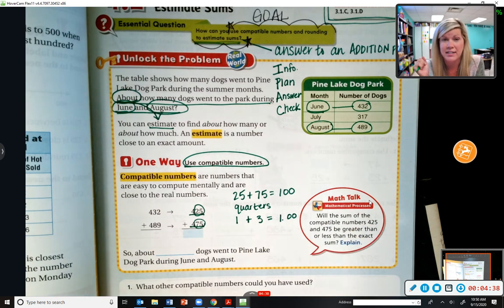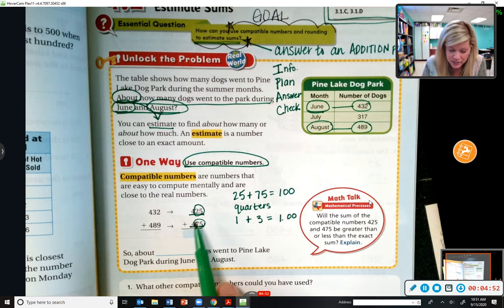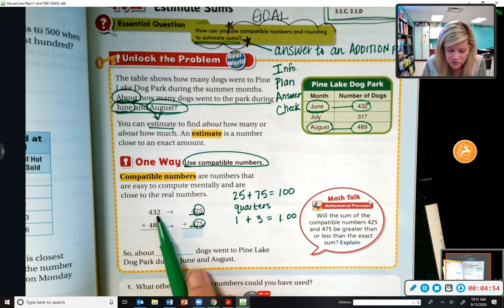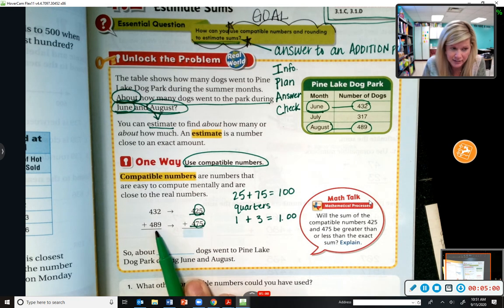That's what that means. It doesn't necessarily have to be perfectly rounded like we've practiced all last week, but it just has to be some numbers that you can do in your head easily and are close to the real number. Okay? So as you can see, 425 is still really close to 432. 475 is still close to 489.